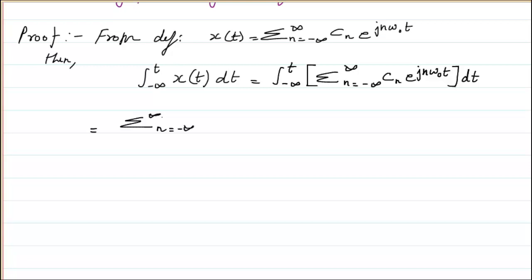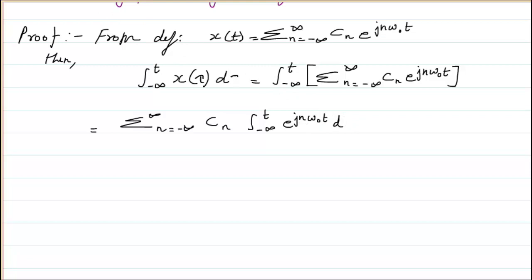So I will write summation n equals minus infinity to infinity Cn, and there is going to be no change there. The only change happens in the integral from minus infinity to t of e raised to power jn omega naught t dt. Sorry, it was tau d tau. I should have written this as tau. My mistake.